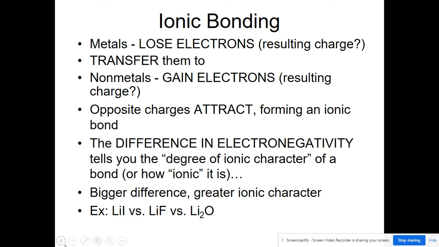So since lithium and iodine are in completely different areas of the periodic table, I would assume that would have the greatest degree of ionic character. So the one with the greatest would be lithium iodide. Lithium oxide would have the least degree of ionic character because they are the closest together on the periodic table.